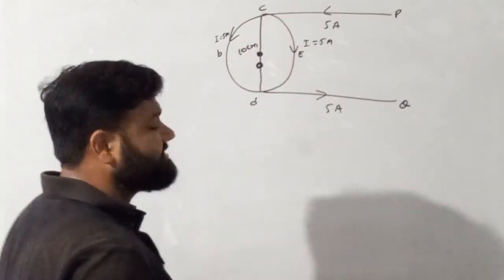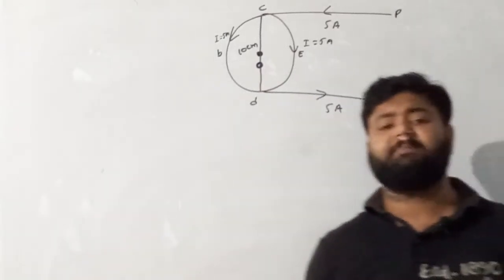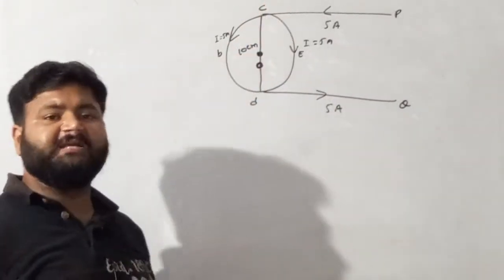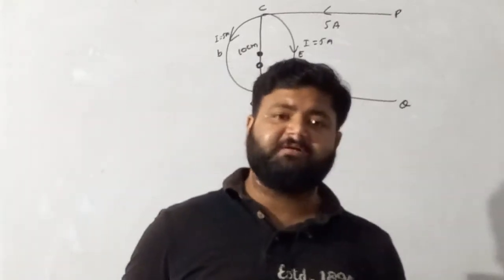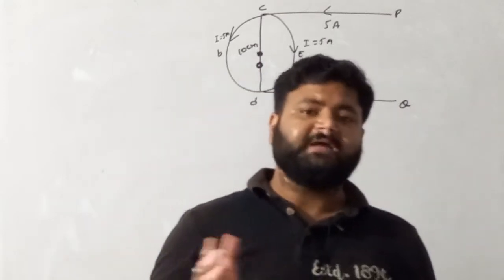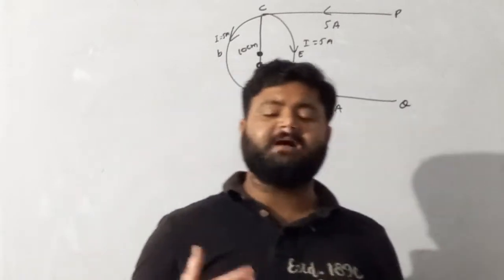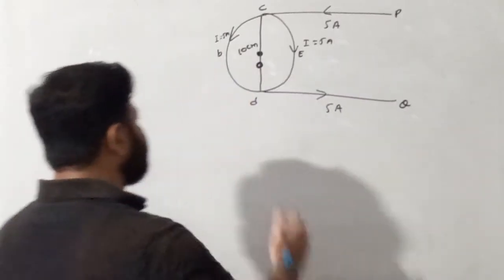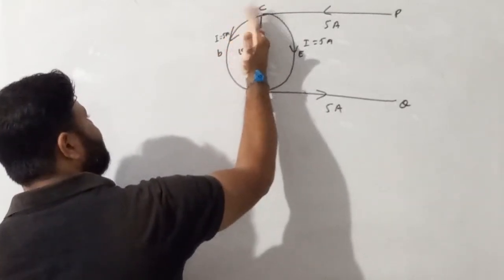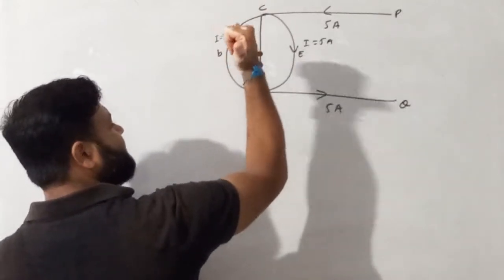But the direction of current on both parts is different. We know that the direction of magnetic field due to a current carrying loop is given by the right hand screw rule, in which we curl our right hand fingers in the direction of current and the thumb gives the direction of magnetic field.